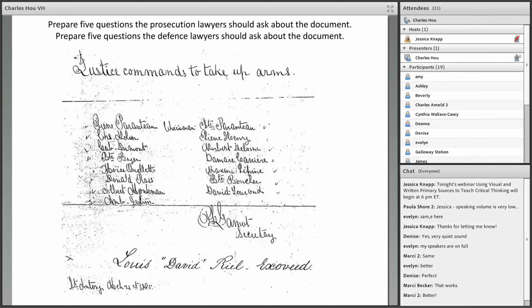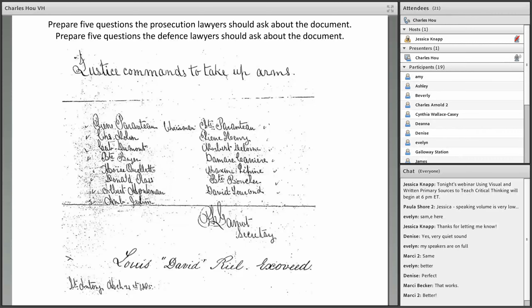But the defense would say, what is justice? What does that mean? Who signed the document? Well, it's more than Riel. There's a whole bunch of people signed this document. His name is down at the bottom. Who was the chairman? Well, it wasn't Riel. It was Pierre Parenteau who was the chairman. What does ex-ovide mean?